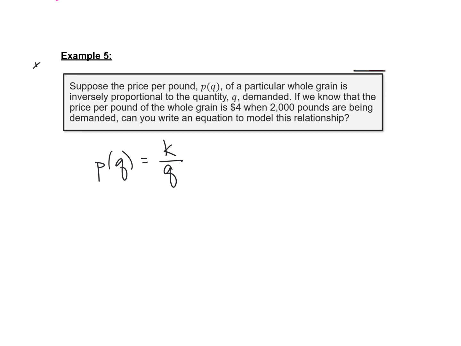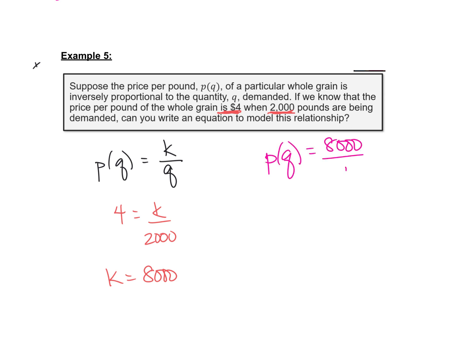And they have, that the price is 4 when 2,000 pounds are being demanded. So price is P of Q, so I have 4 equals K over 2,000, or what is K equal to? So my final equation, 8,000 divided by Q, and that's all it wanted.